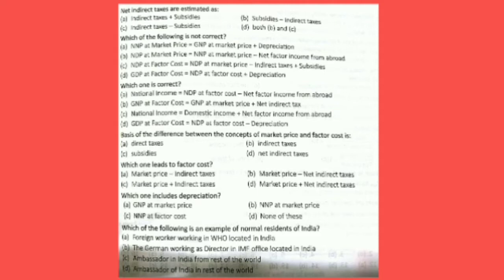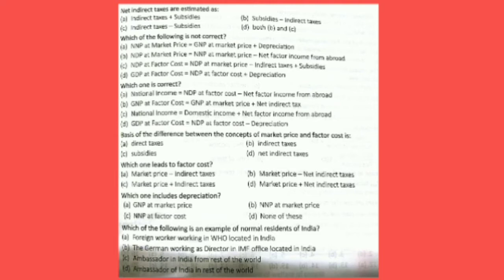The next one: which of the following is not correct? That means which of the following is wrong? NNP MP is equal to GNP MP plus depreciation. It is wrong. GNP MP minus depreciation is the right answer. Next, NDP MP is equal to NNP MP minus NFIA, net factor income from abroad.